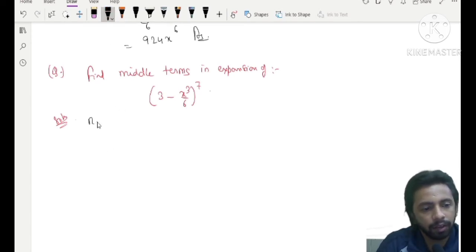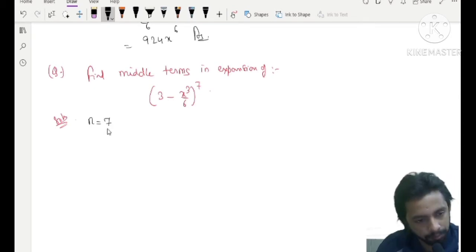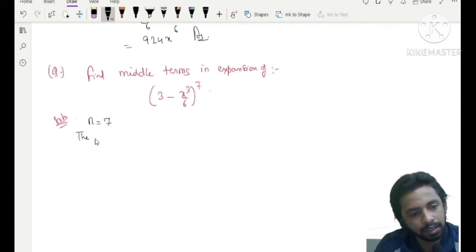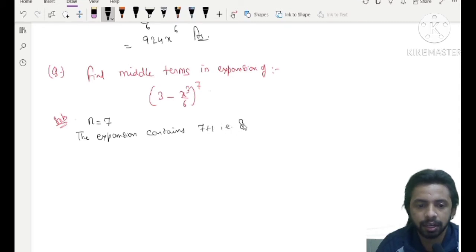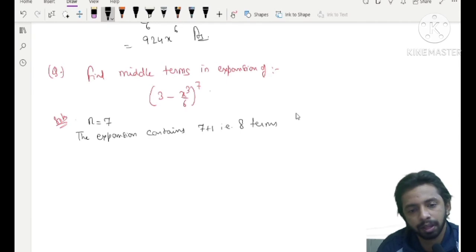Here the value of n is 7. That means the expansion contains 7 plus 1, that is 8 terms, and which is what?